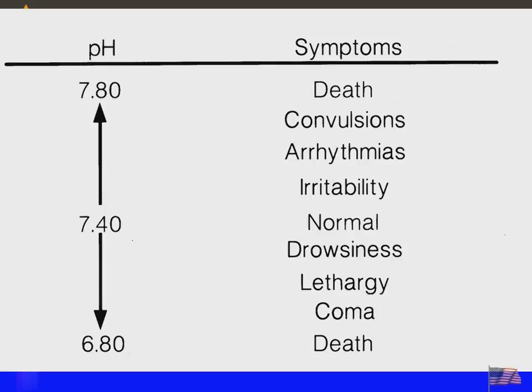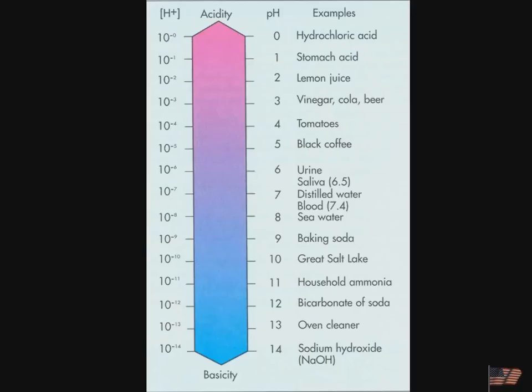Here are some examples. The blood that we analyze is actually slightly on the alkaline side, but it's still considered the normal value.